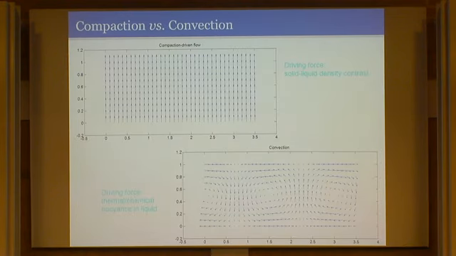Okay, the third topic is I want to consider the competition between compaction and convection. The motivation for this study is first, due to compaction, the fluid flow direction is mostly upward. But if you have thermal and salinity buoyancy, then it's circulating. There's a downward flow and upward flow.